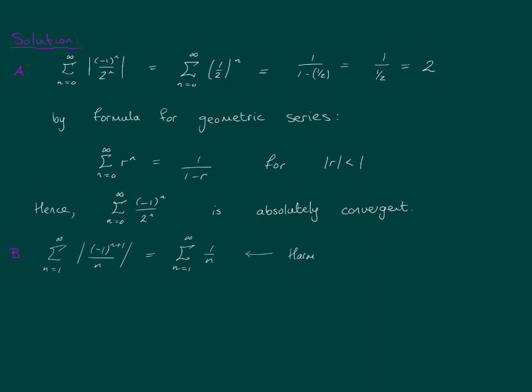It is the harmonic series. And we know from the previous lecture that this diverges. Hence, the sum from n equals 1 to infinity of (-1)^(n+1) over n is not absolutely convergent.